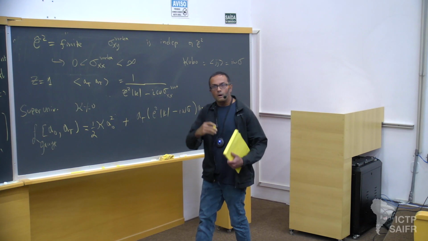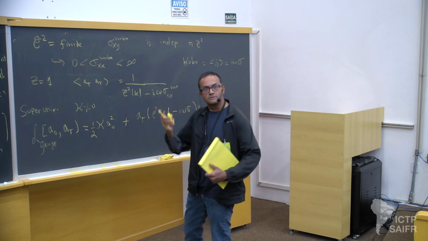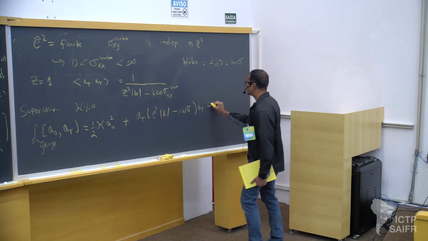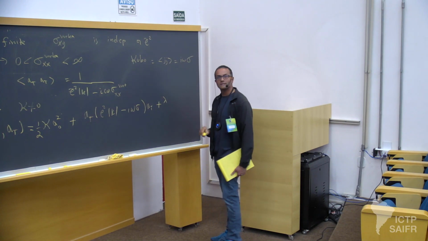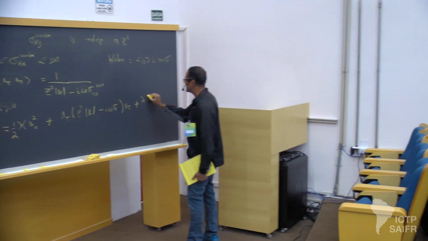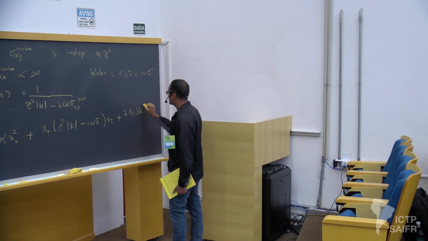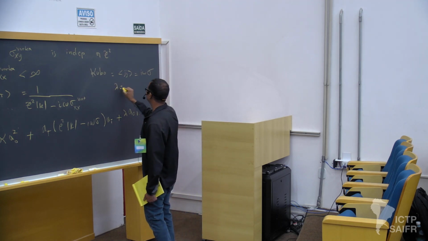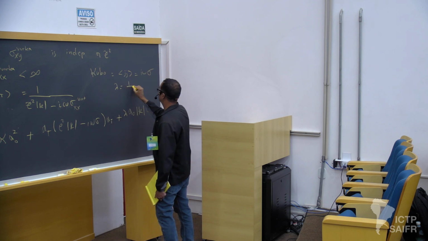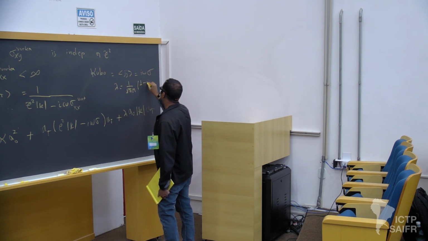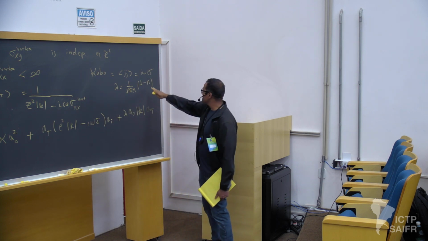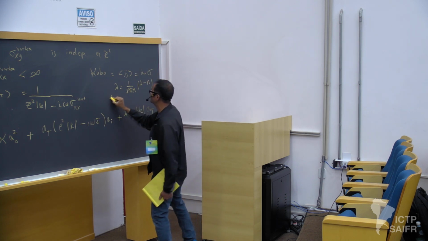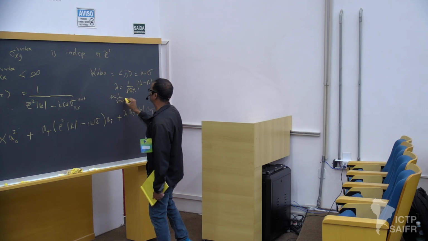But now, all the data about integer versus fractional transition is encoded in a so-called Chern-Simons term, which I'll denote schematically by lambda, which is A0 of the form A0 k A transverse. And I can tell you what lambda is. Lambda is 1 over 8 pi n, 1 minus n. Okay, so n here enters the nu. So nu is 1 over 2n minus 1.